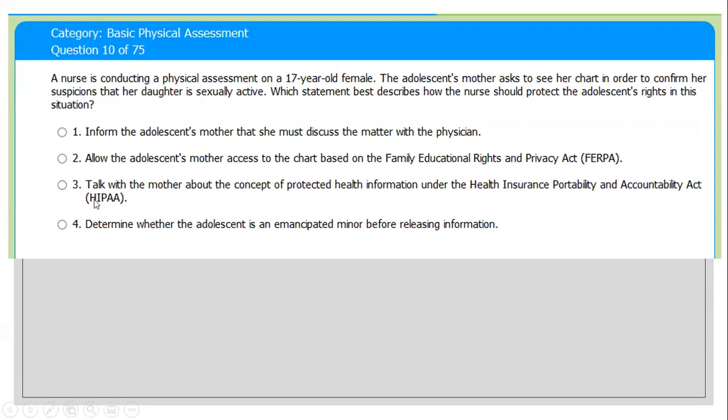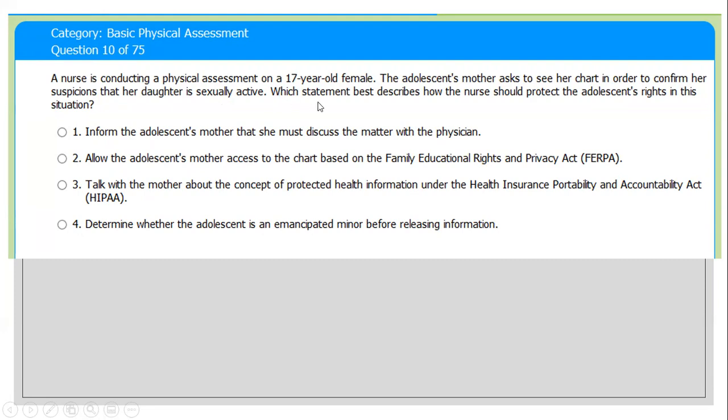Next question. A nurse is conducting a physical assessment on a 17-year-old female. The adolescent's mother asks to see her chart in order to confirm her suspicion that her daughter is sexually active.